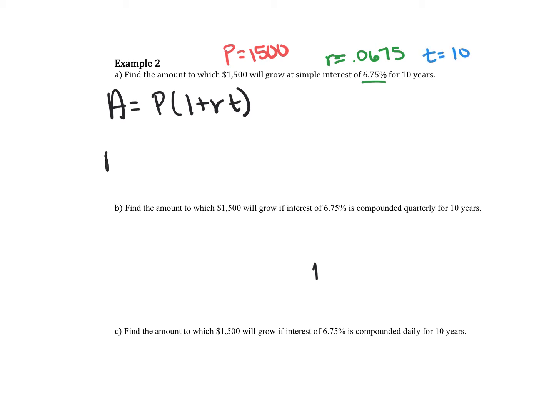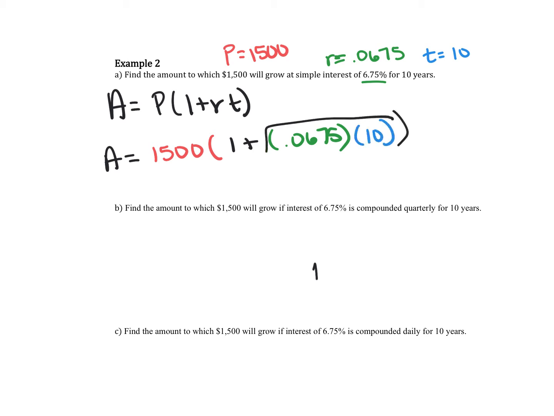So when I calculate A, this ending balance, I get 1,500 times (1 + 0.0675 times my T, which is 10). Again, I'm going to work this part first. 10 times 0.0675 is 0.675.